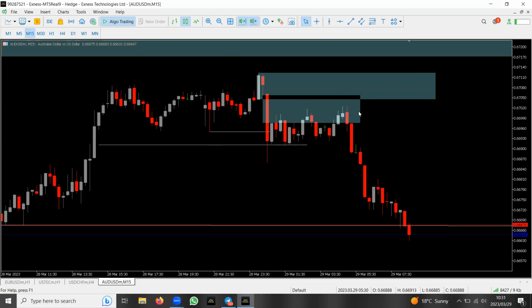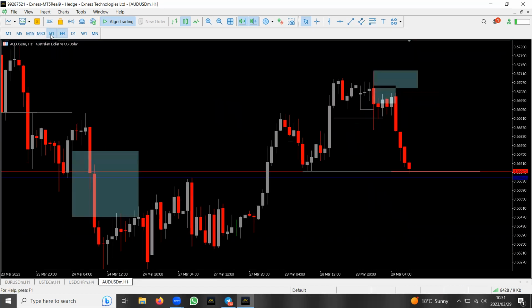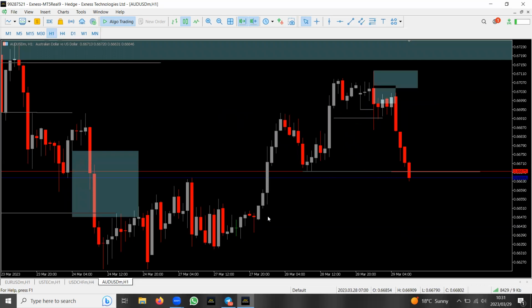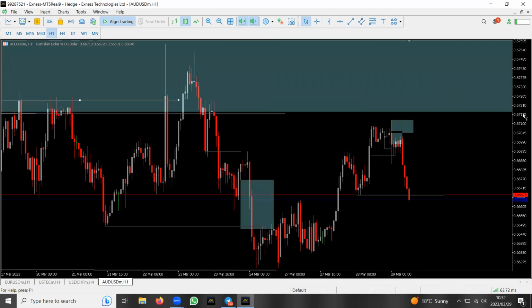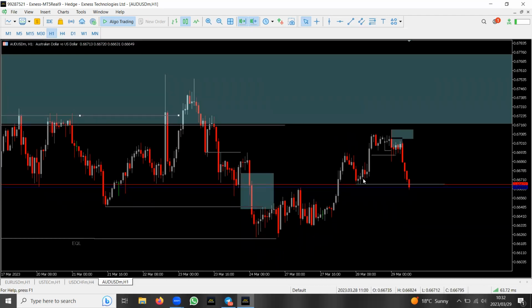So basically, people have been holding sales, and when you're selling, you keep on targeting these swing lows for your profit targets. So this is entirely bearish to me.